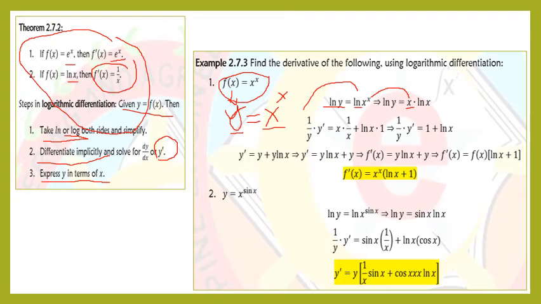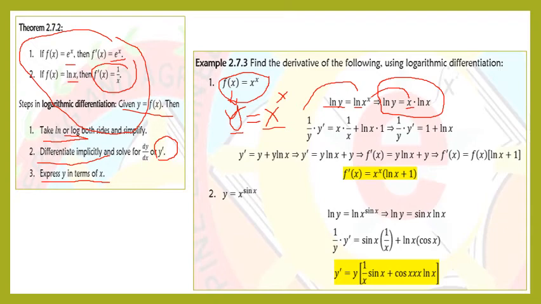And then, sa step 2, differentiate implicitly and then solve for dy over dx or y prime. So, ibig sabihin, both sides, ito is i-differentiate natin siya or i-derive. Differentiate or derive is the same lang.